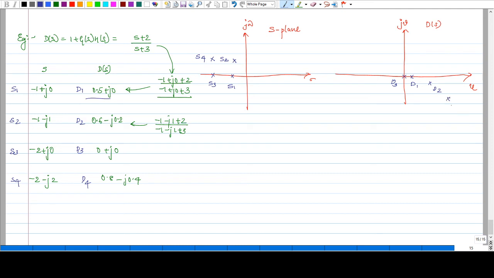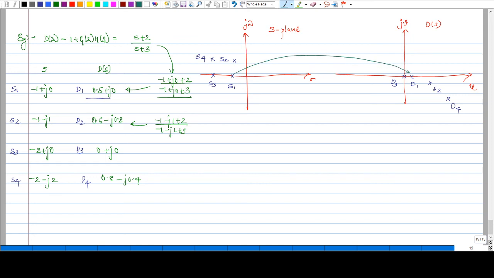So here is D4. So you can see that for every point in S1, there is one unique point in D of S plane. So for every point here, there is one unique point in D1.